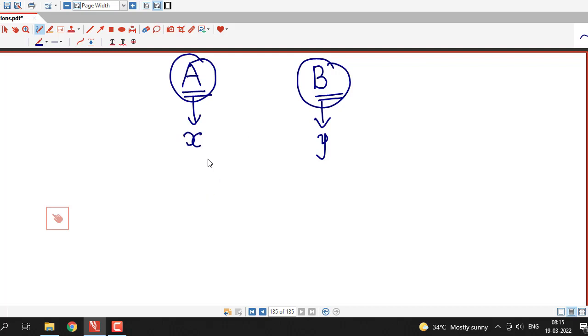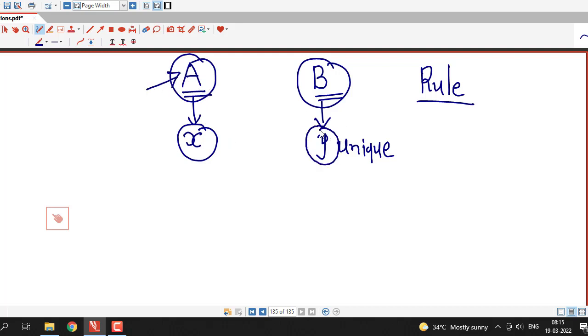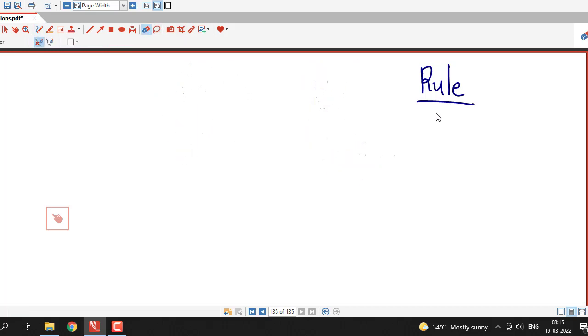So we can say that a function is a rule or relation which assigns a unique element from set B to every element of this set A. Every element of one set must be assigned to a unique element of another set by some rule or some relation, and that type of relation is known as a function.